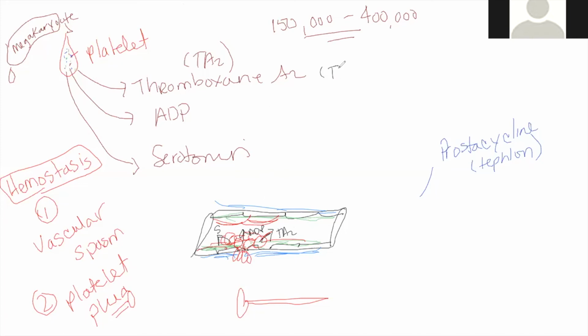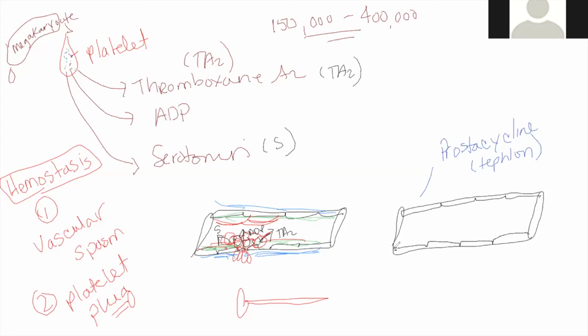I abbreviated that there, all right? So we have ADP and serotonin all working together for this platelet plug. What those chemicals are going to do is further the vascular spasm, but also help platelets to aggregate to the area.